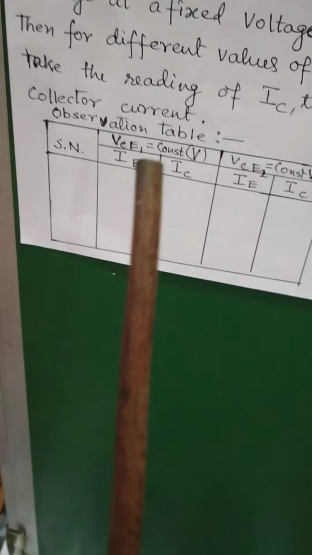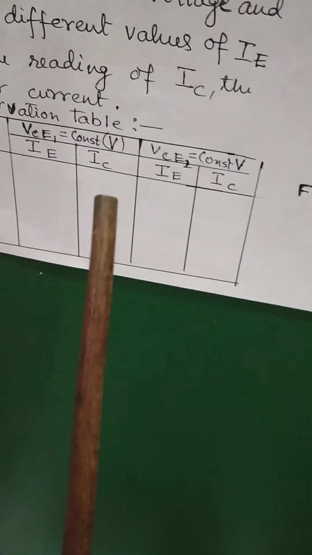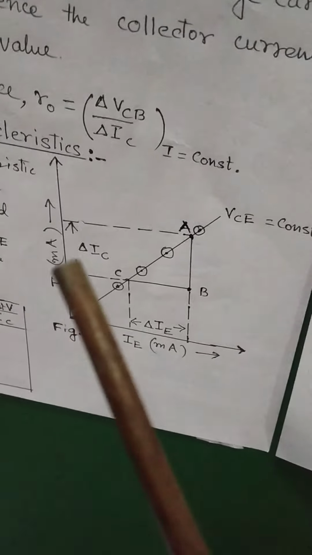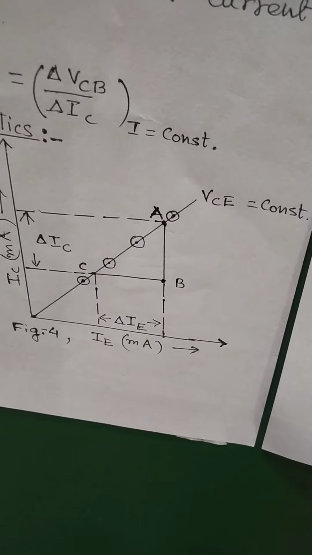Here this is the observation table. We have kept VCE constant. For two values we have taken the reading, and if we change the emitter current, there will be a change in the collector current. Now one graph is drawn here between IC and IE.